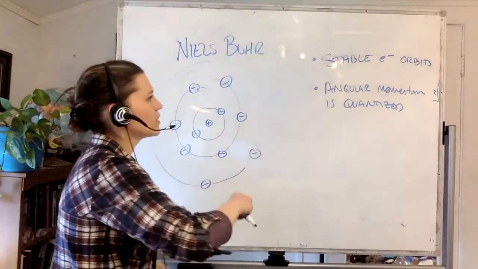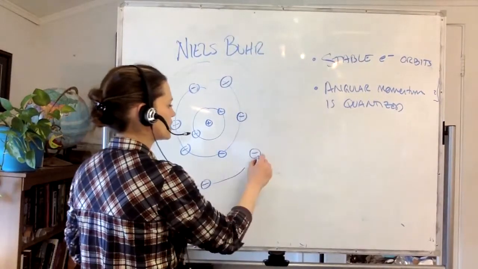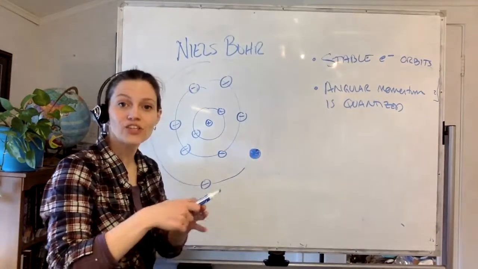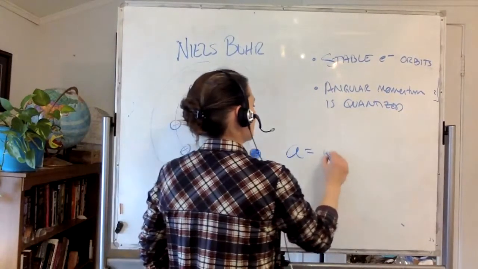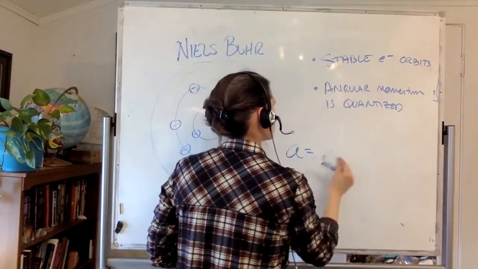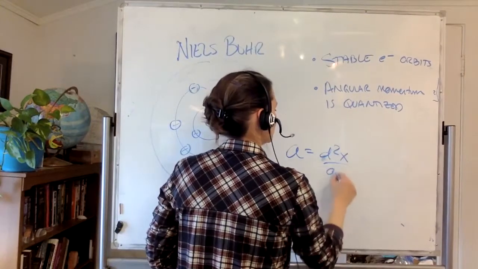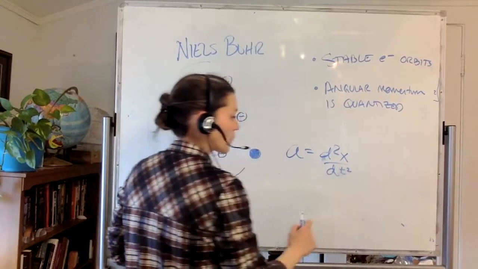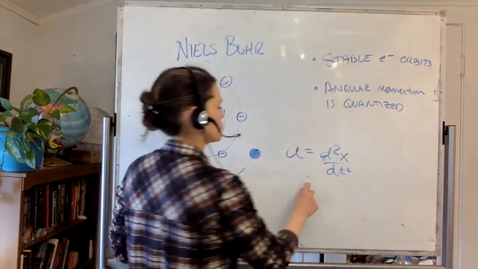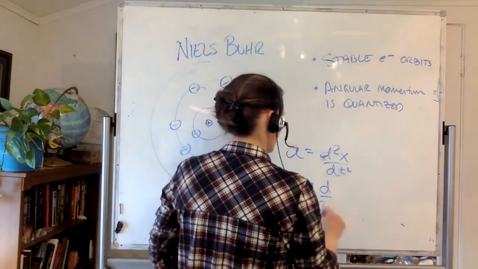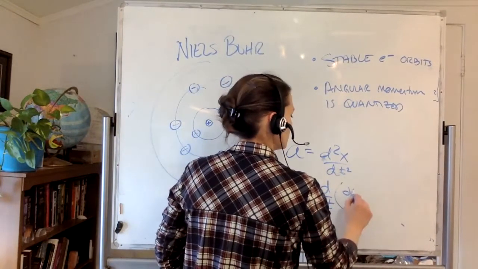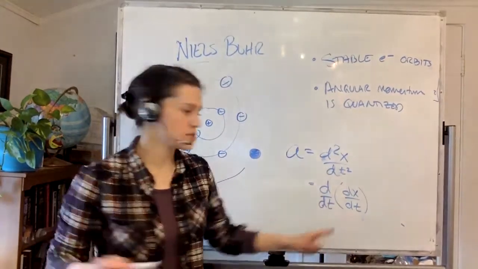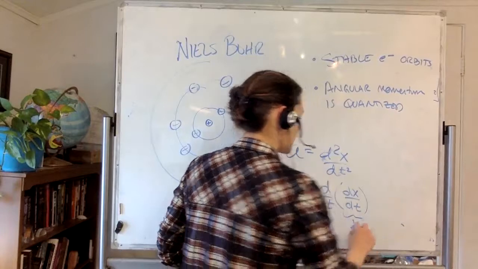So the problem is that, let's take this electron right here. Okay, so it's accelerating, and acceleration equals d squared x over dt squared. Okay, so this is the second derivative of position, which is also the time derivative of the time derivative of position, where this is its velocity.